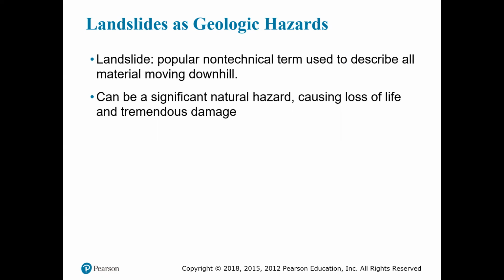Our most rapid types of mass movements typically occur in areas of geologically young mountains. As the mountain ages, it doesn't have as steep of slopes, and so we have smaller, less noticeable, less spectacular types of mass movements.